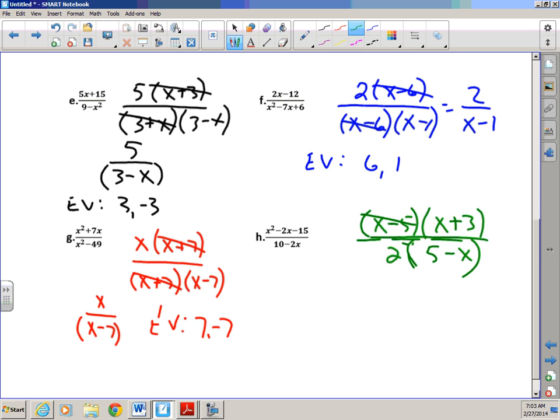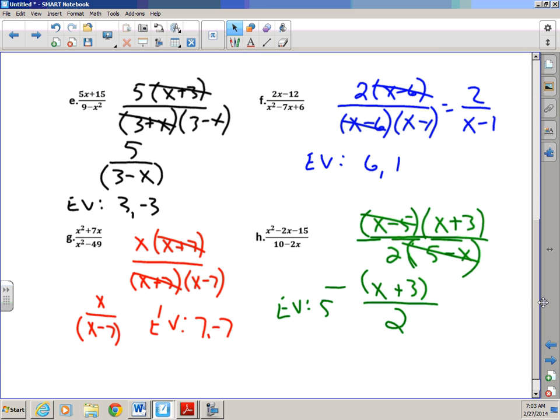The 5 minus x and the x minus 5 do cancel. Now, it's your choice. As long as you put one negative sign somewhere, it works. You could put it in the numerator, the denominator, leave it out to the side, and your excluded value is simply 5. Okay? So to summarize, what we did today is we simplified rational expressions.